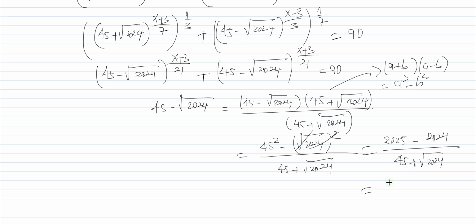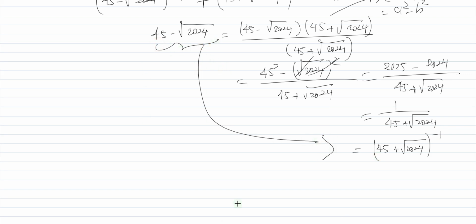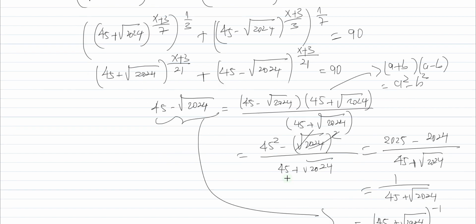So this is going to be 1 divided by 45 plus square root of 24, and this one is the same thing as saying 45 plus square root of 24 to the power of -1. So now we have that this one here is equal to this, right? So now let's replace in our equation.